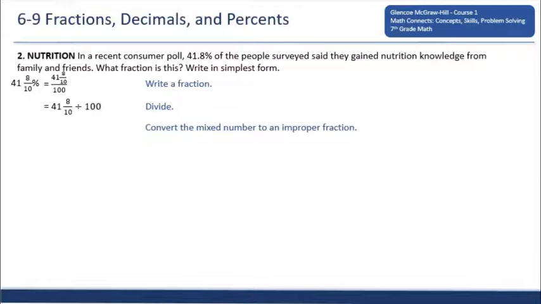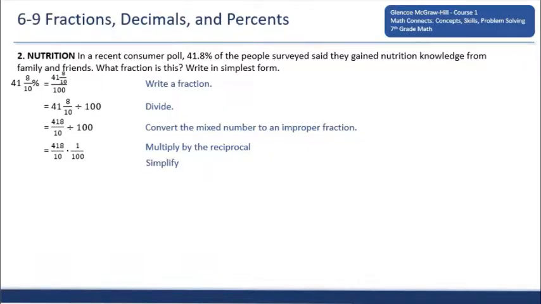And now we're going to convert the mixed number to an improper fraction. So if we multiply 41 times 10, that's 410, plus 8 from the numerator is 418 over 10 divided by 100. And in order to divide fractions, we actually multiply by the reciprocal. So we get 418 over 10 times 1 over 100.